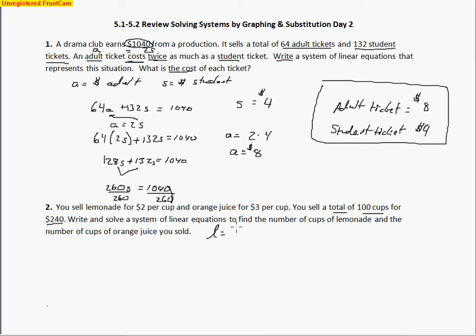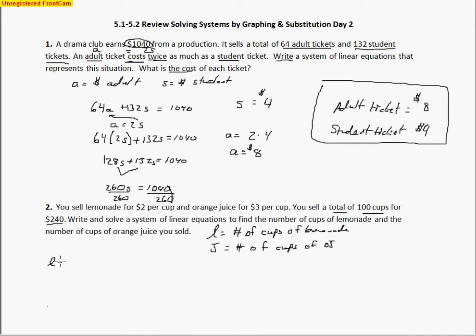We'll use L as the number of cups of lemonade, and we'll go with J as the number of cups of OJ. And so we'll set it up this way.